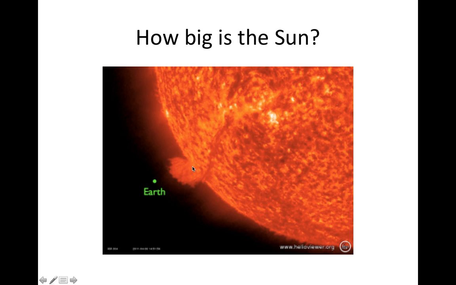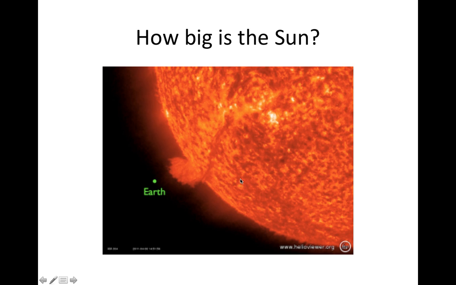I've read on one website that you could put 109 of these little dots in line across the diameter of the sun. And if this dot were a sphere, you would be able to put over 1,000,000 Earths within the volume of the sun.